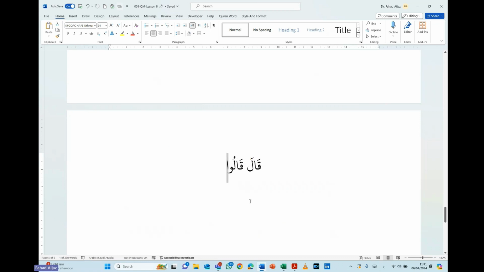So when you want to attach a pronoun to this, if you want to say qalu and attach a hu to this, it just doesn't look right. Qalu-a-hu doesn't really work. So when you want to attach a pronoun to a fi'l ending with an alif like this, you just remove the alif.